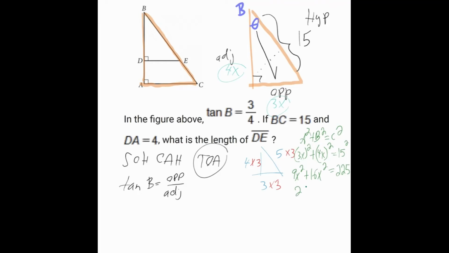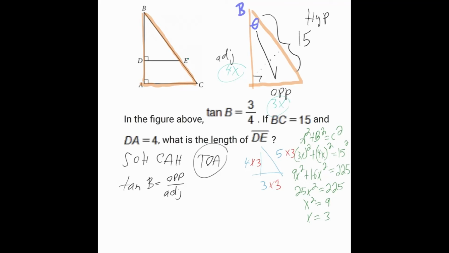Combine like terms, 25x squared is 225. Divide by 25, x squared is 9. Square root of both sides, and x is plus or minus 3. But since we're dealing with lengths, which can't be negative, we're just going to keep the positive, so positive 3.